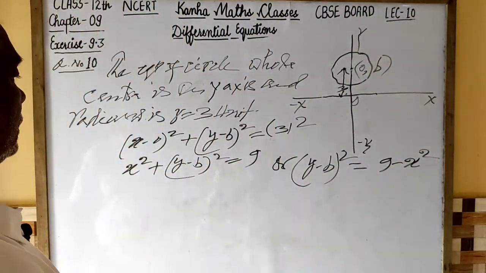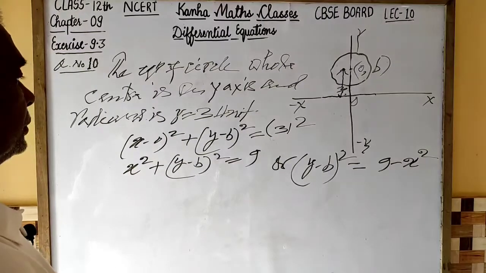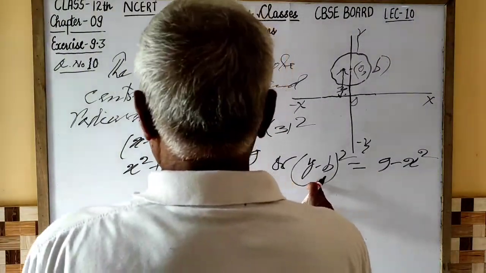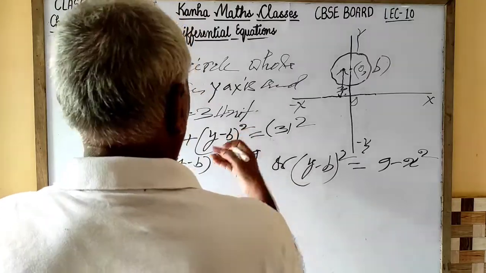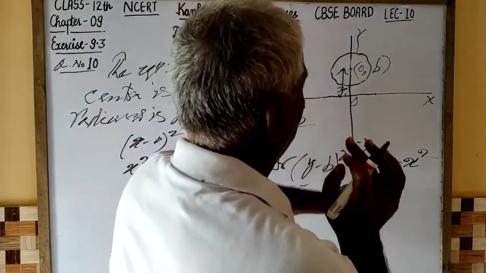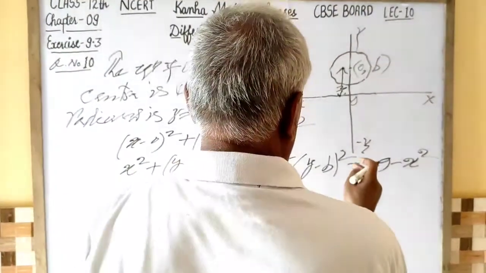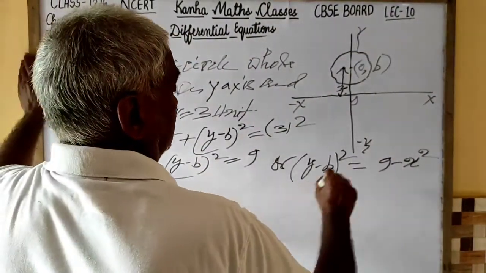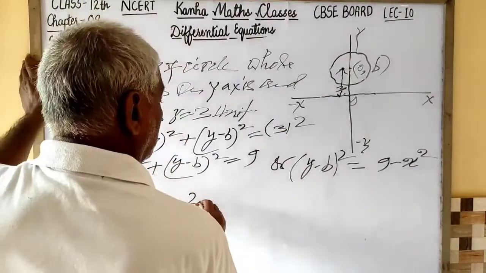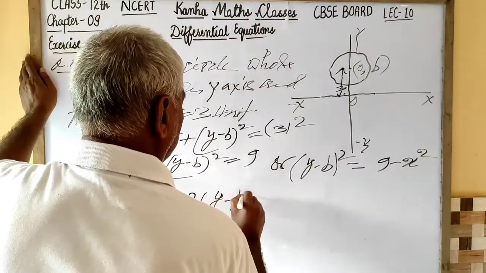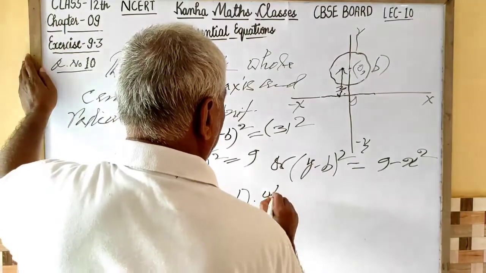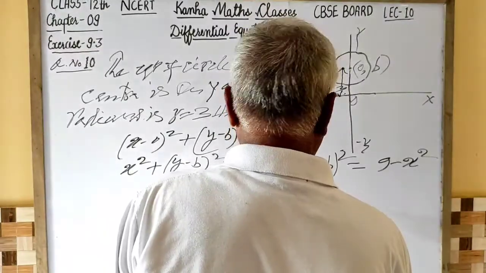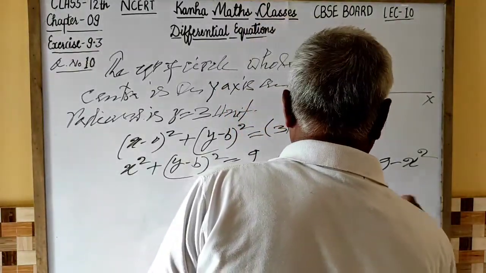Now, y minus b whole square is equal to 9 minus x square, and we find the first order differentiation, that is 2 y minus b into y dash is equal to 0 minus 2x.